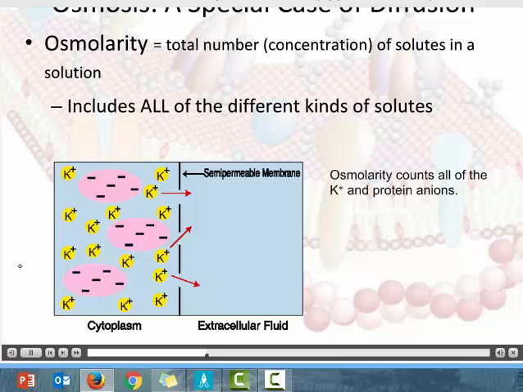So if you put table salt into water and you also put sugar into water and you mix it up, you are going to have a solution that has glucose molecules as solute number 1, sodium ions as solute number 2, and chloride ions as solute number 3. So osmolarity is the total number of solute particles in a solution, but it includes many different kinds of solutes.